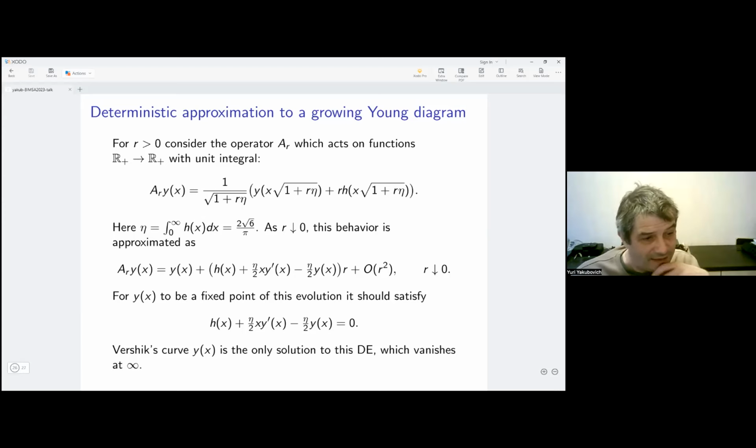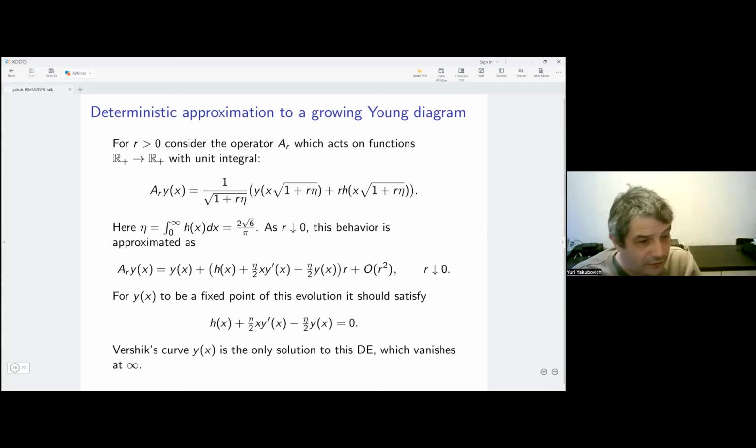Actually, what I tried to explain to you is kind of a heuristic argument. I believe it can be done rigorously, and some kind of rigorous statement which we can hope to prove is as follows.